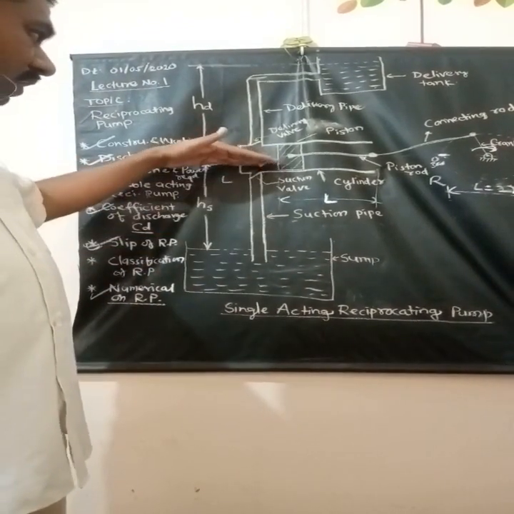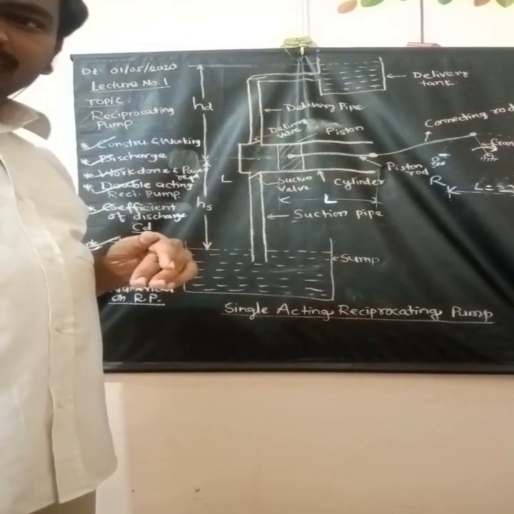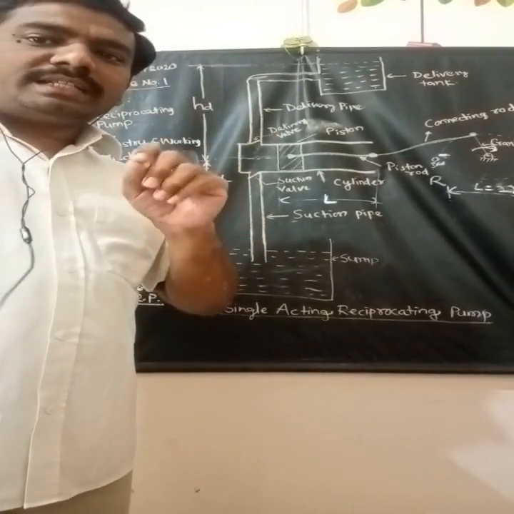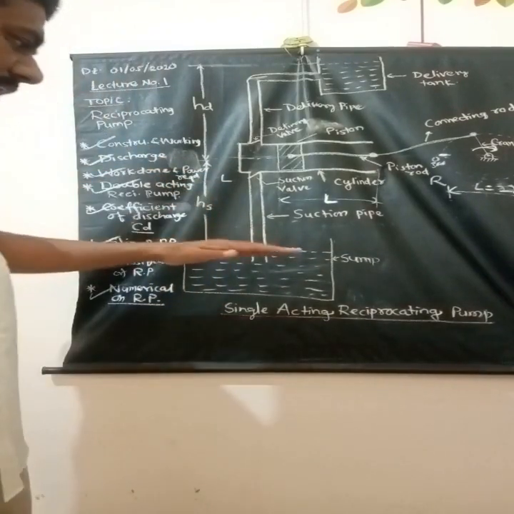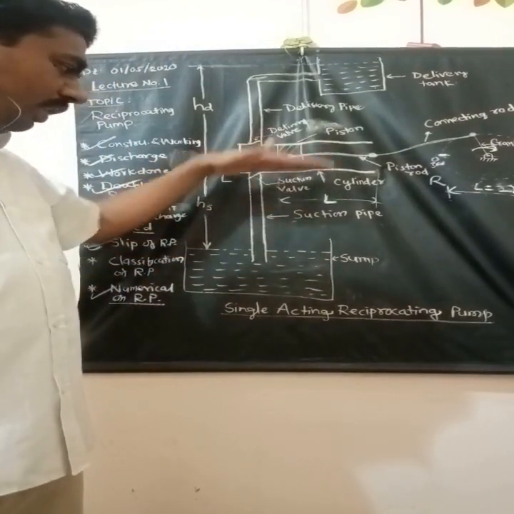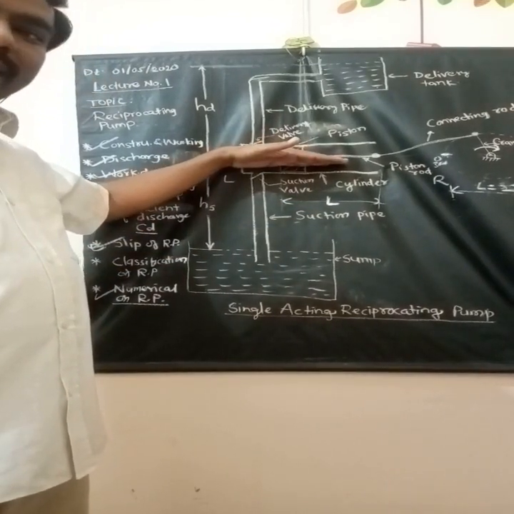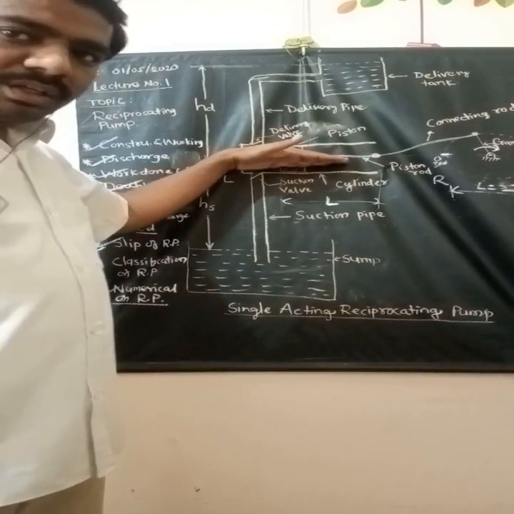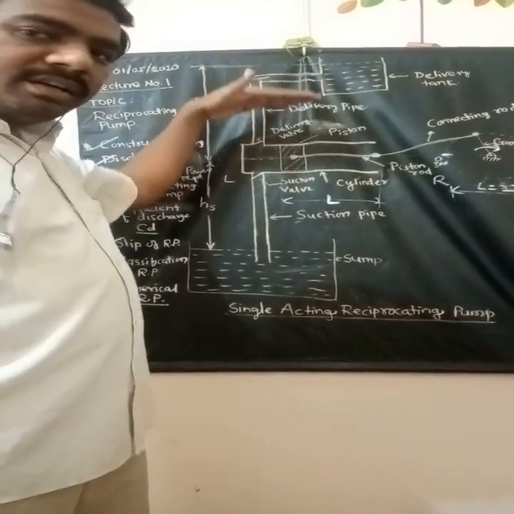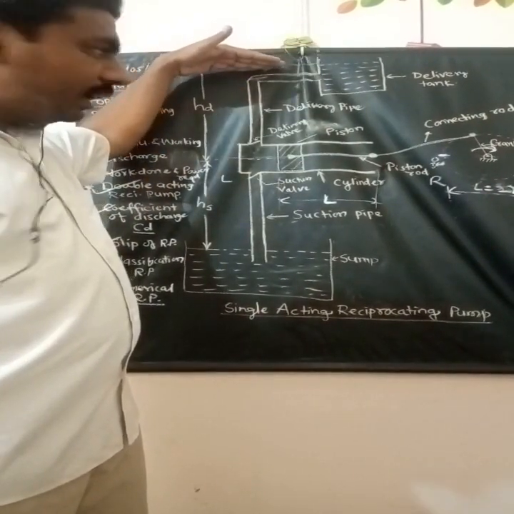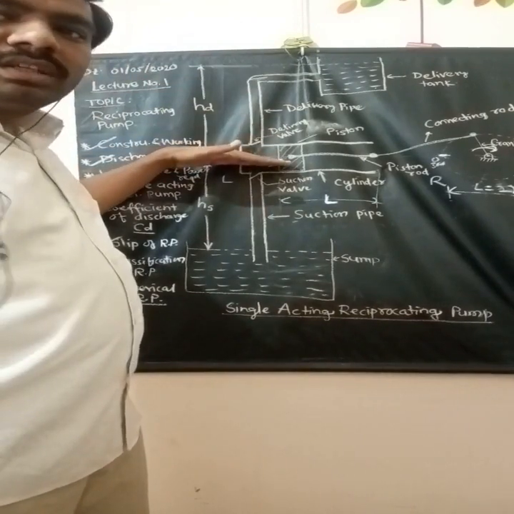The second thing is that here it is mentioned HS and HD. HS is called the suction head and HD is called the delivery head. The suction head is the vertical distance between the sump level and the center line of the cylinder. The delivery head represents the vertical distance between the level of the delivery tank and the center of the cylinder.